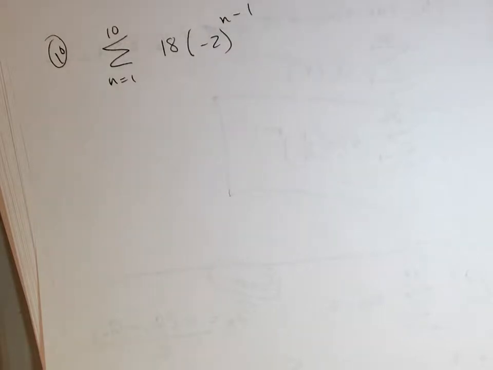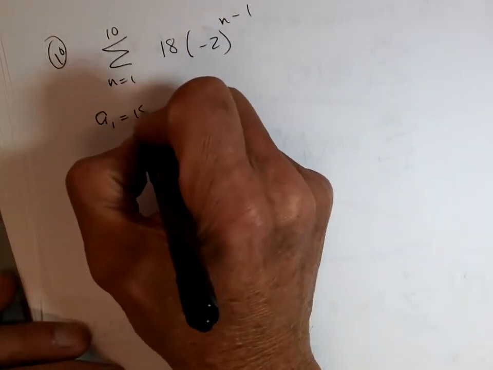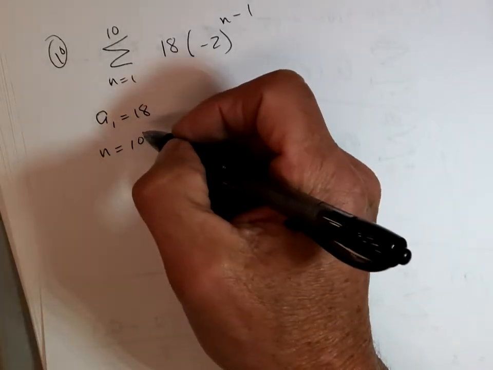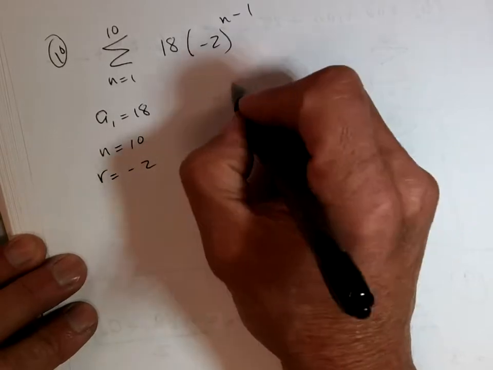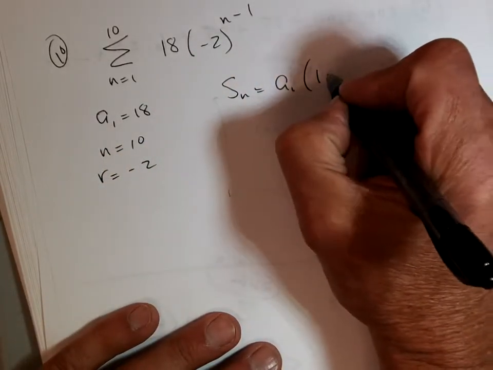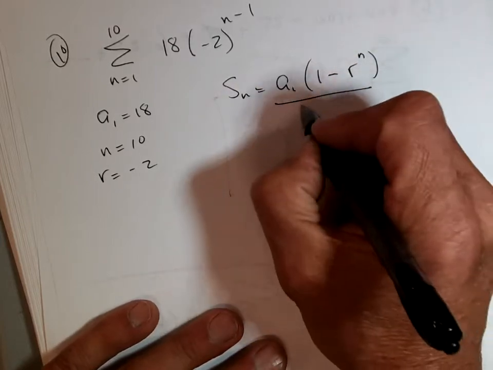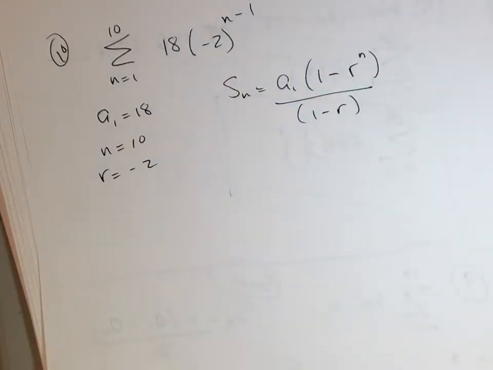See how it works? So I know a1 is 18, and n is 10 because there are going to be 10 terms. I know the multiplier r is negative 2. So my formula is S of n equals a1 times (1 minus r to the n power) divided by (1 minus r). So let's plug the numbers in carefully into our calculator, okay?